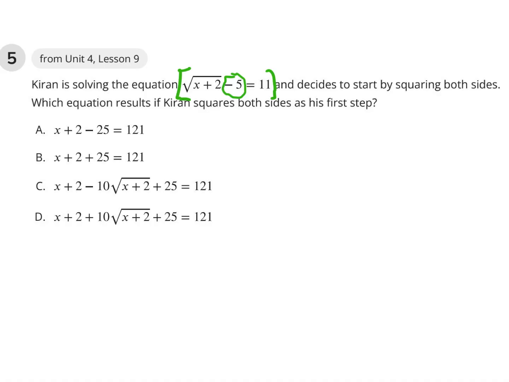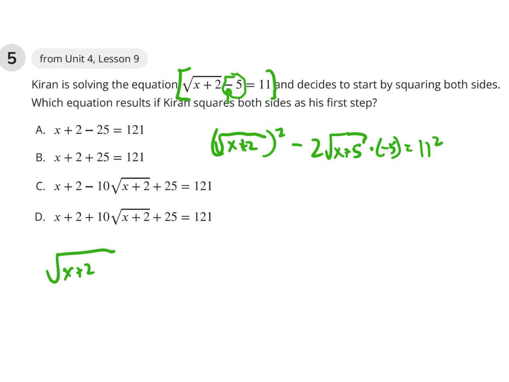So you get the square root of x plus 2 squared minus, because this is a minus, 2 times 5, times 5 times negative 5 equals 11 squared, because you get x plus 2 minus 5 equals 11 squared. That gives you x plus 2.